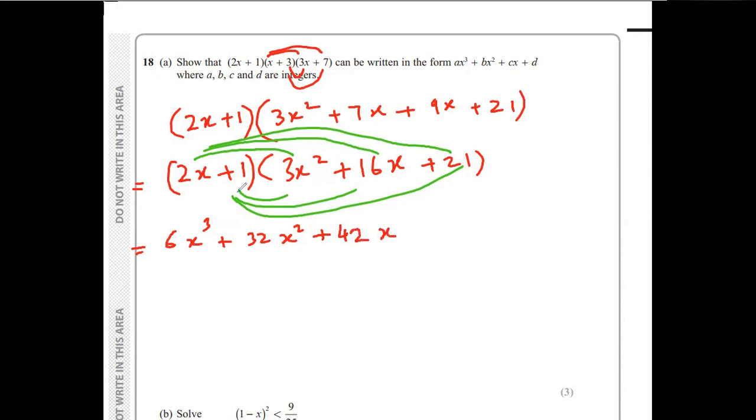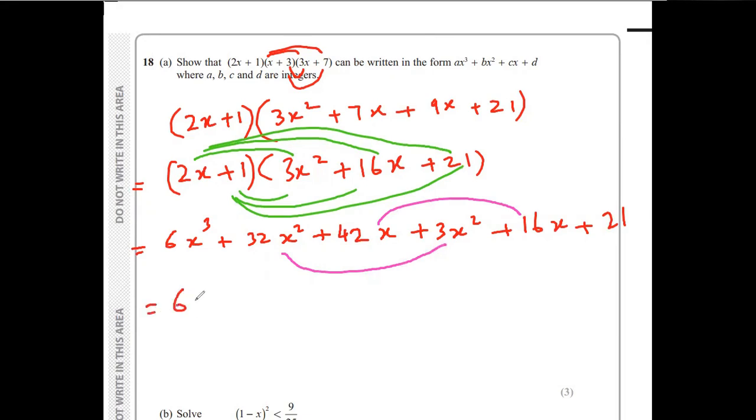And then the 2x multiplication is complete. Now we can start multiplying all of the 3 terms in the second bracket by 1. So 1 times 3x squared will give me 3x squared. And then 1 times 16x plus 21. And here I can see that these two are like terms and these two are like terms that must be collected.